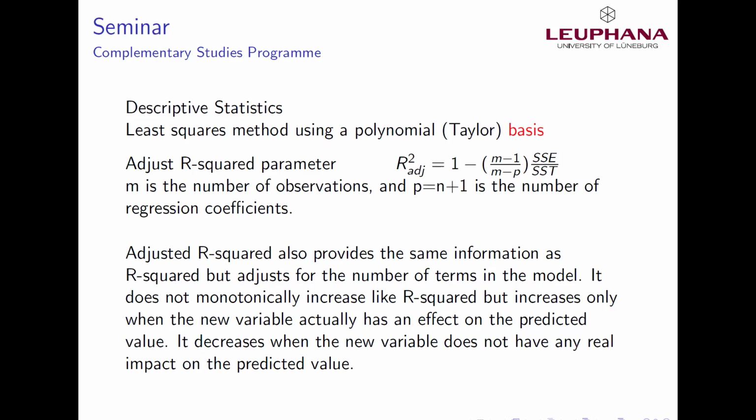I will show you the simulation now, but we have to consider also n. In this case, we modify the R square and obtain R square adjusted, in which you multiply the ratio SSE divided by SST by m minus 1 divided by m minus p, in which p is exactly the number of coefficients, which in this particular case, if the regressor is a polynomial, is n plus 1.